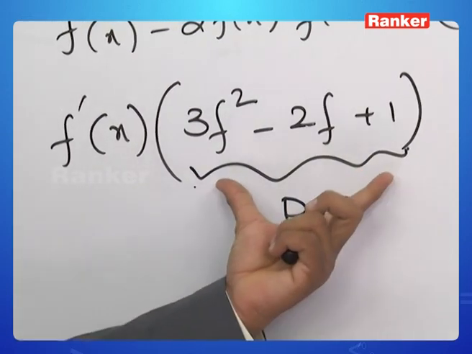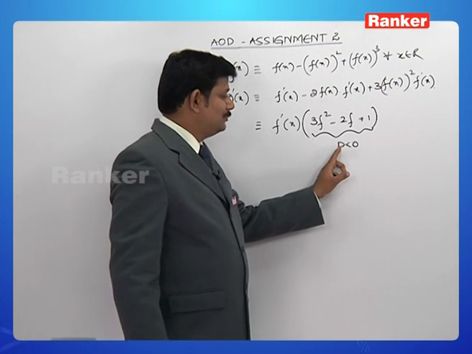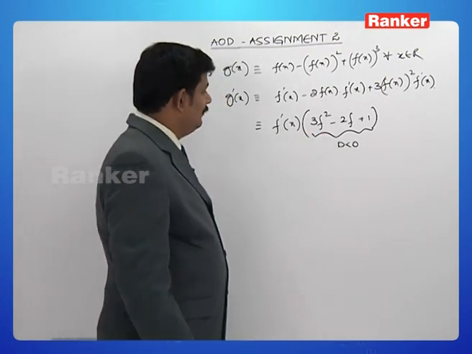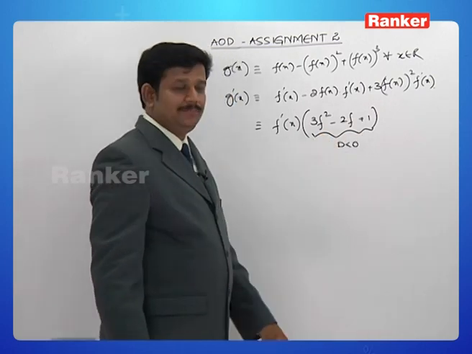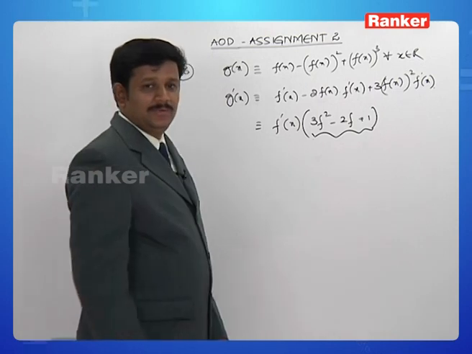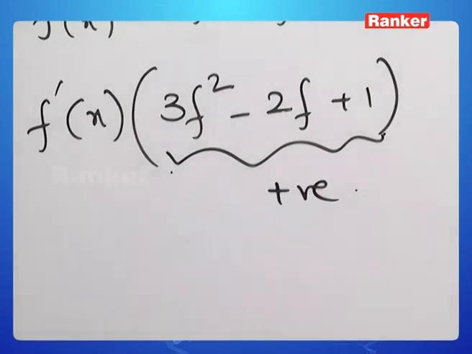So this quadratic is always positive. Whenever we have an irreducible quadratic with coefficient of x square positive, the quadratic is always positive. So irrespective of the functional value, f of x value, this is always positive.